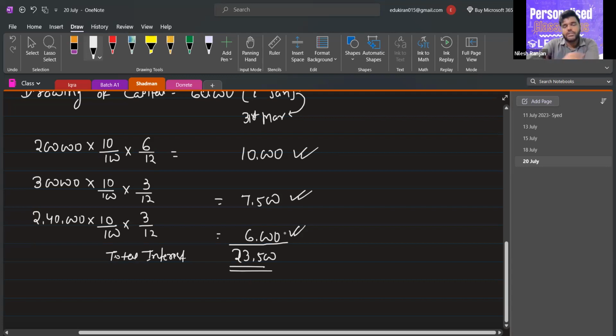We have calculated three different amounts. So the interest is separate in each condition and then we total it. So we got the final amount of 23,500 interest for the year. Okay, sir. Now let's take the product method.